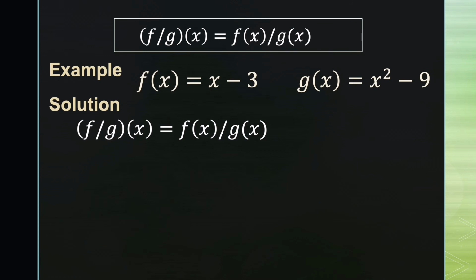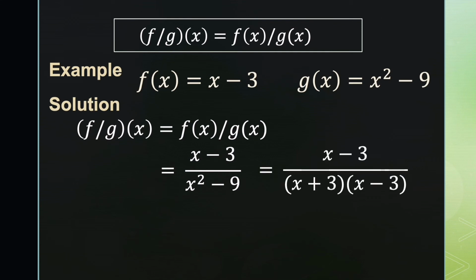Substituting the values of f and g, we have x minus 3 over the quantity x squared minus 9. Note that the denominator is equivalent to the quantity x plus 3 multiplied by the quantity x minus 3. Thus we have f over g of x equals 1 over the quantity x plus 3.